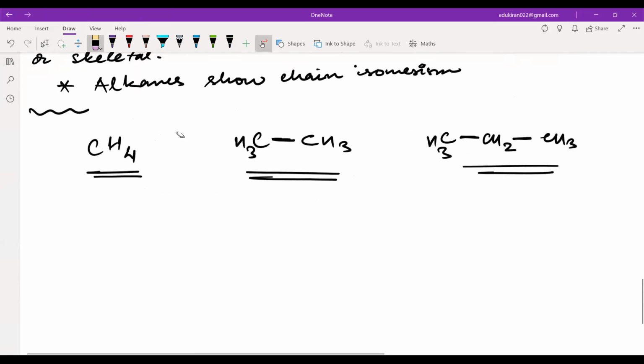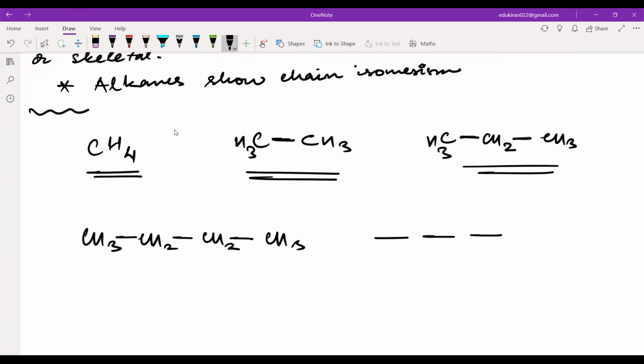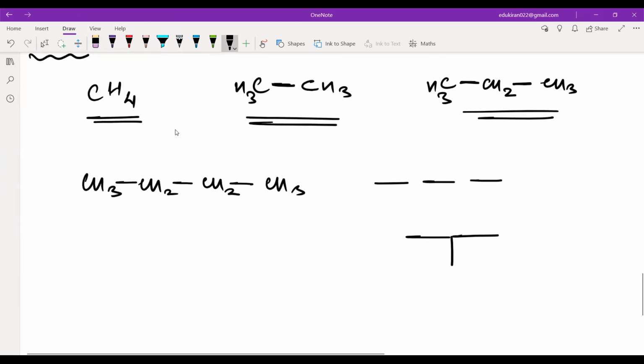Now, if I look at the next alkane in the homologous series, that is butane, we have CH3, CH2, CH2, CH3. You can see we have 3 bonds like this, right? So what can happen? 2 bonds can exist like this, and the other one can go in the middle, and that is why we can make CH3, CH2, CH3 with a CH in the middle, and here I can put one CH3.